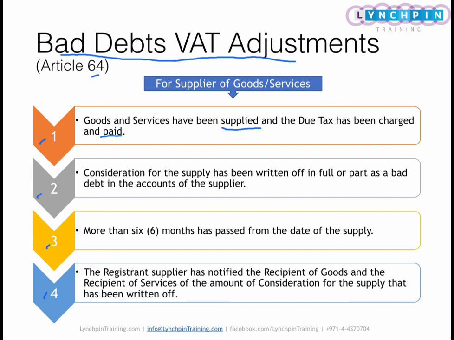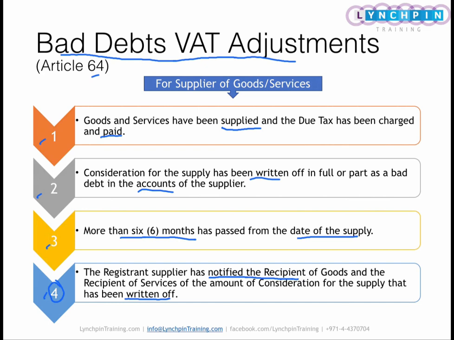Next one is that you have accounted for the supply as a bad debt in the accounting system itself. Next one is it has already been more than 6 months from the supply date, and the most interesting and very surprising condition is that you should have notified the recipient that your supplies are now being treated as a bad debt.